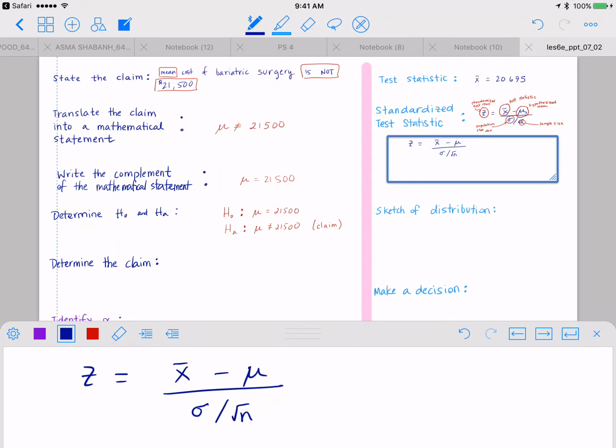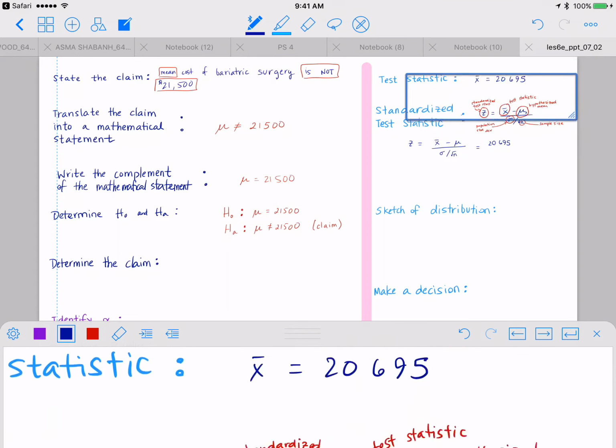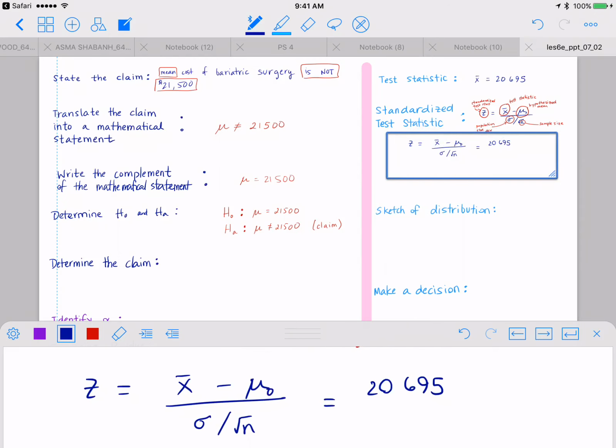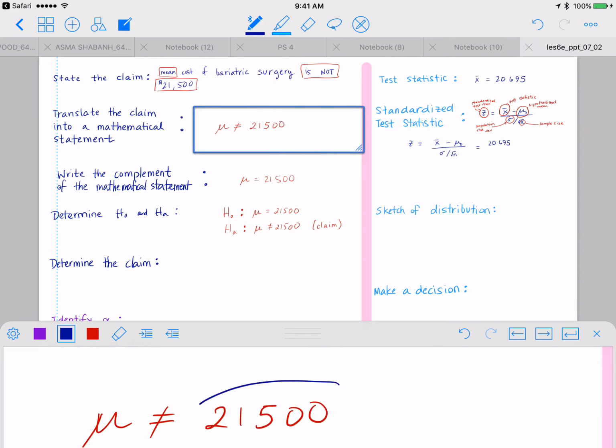Okay. Now what is x bar? X bar is going to be 20,695, right? And we got that from here. X bar is equal to 20,695. What is mu naught, which is our hypothesized mean? We come over here, and it's this 21,500.